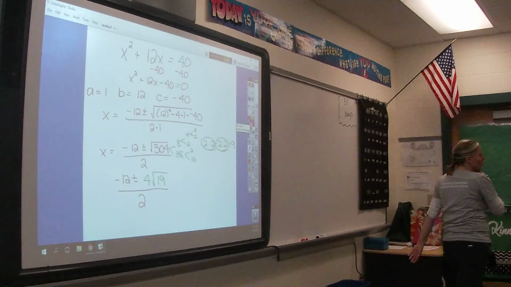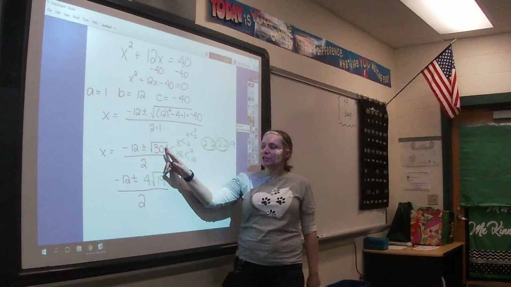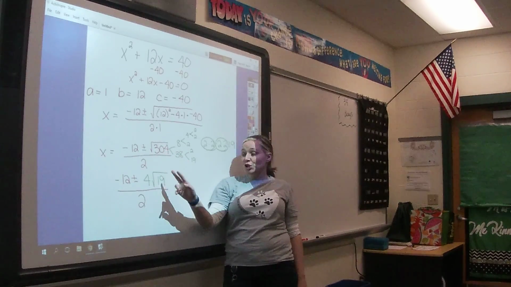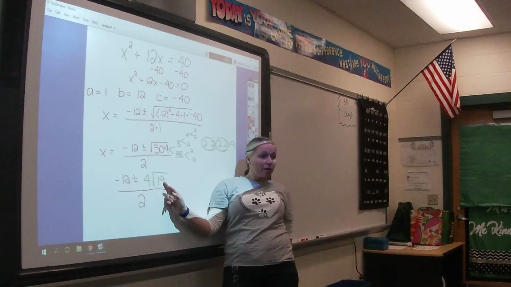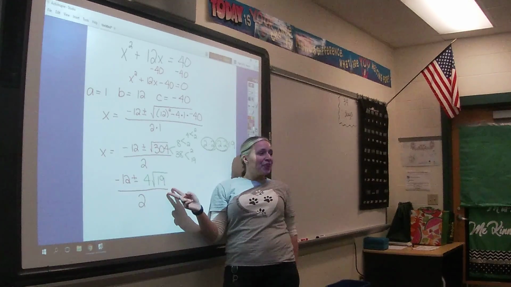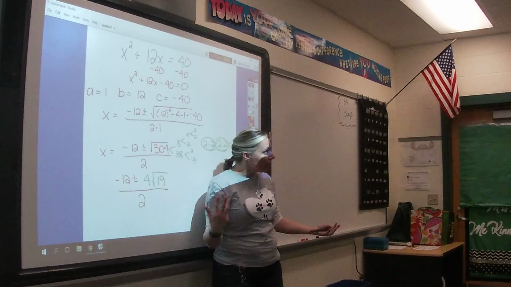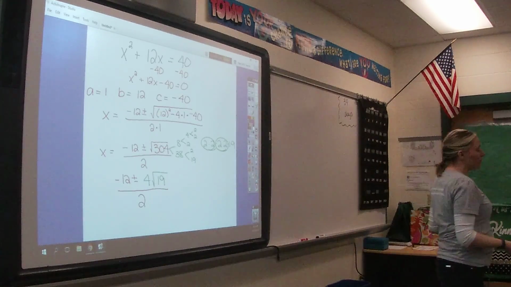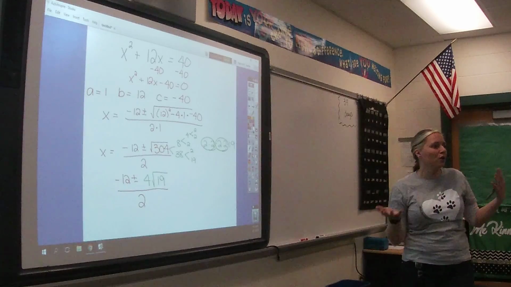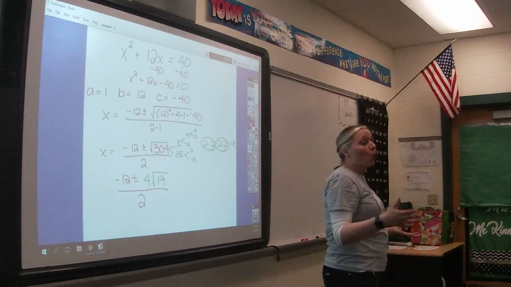Here is the large new piece of today. We should know how to use the quadratic formula. We should know how to get to this 304. We should know how to simplify the square root of 304. Now we need to talk about how to get this in its simplest form. Would we agree that we would never write an answer that has a fraction as something like 3 over 6? What would we turn 3 over 6 into? 1/2, right?